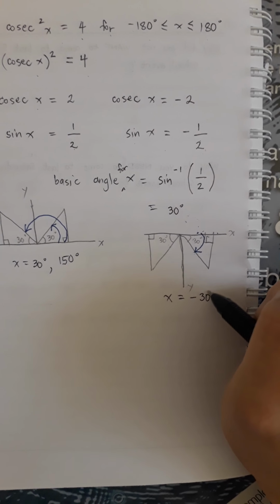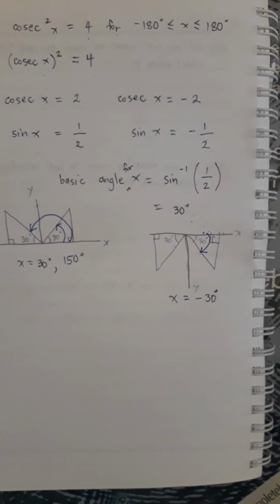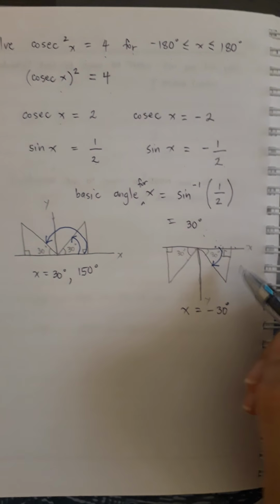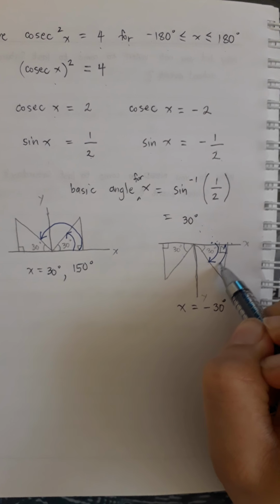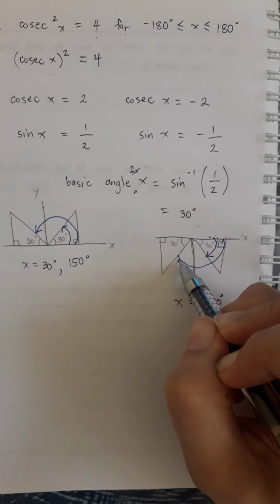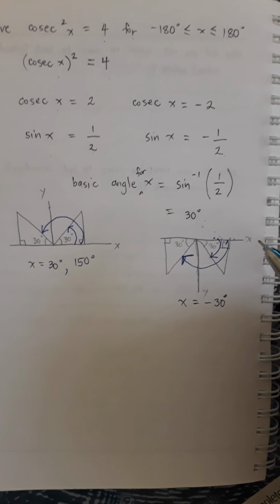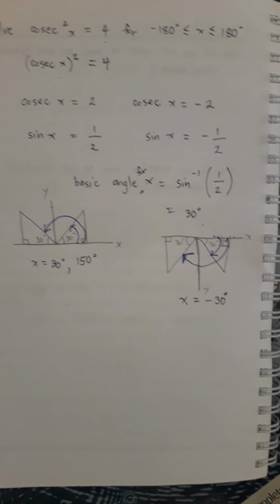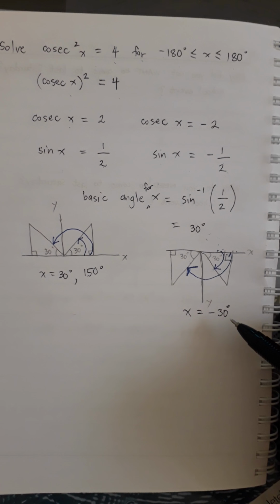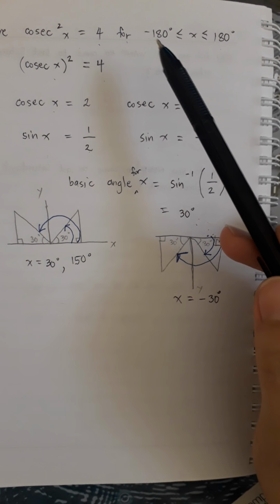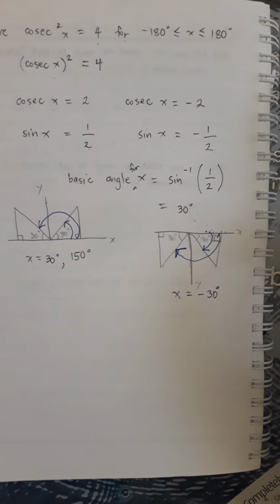And that's found in the fourth quadrant. How about this angle, which is also negative? How big is this angle? Negative 150 degrees, correct. Yes, we can use that value.